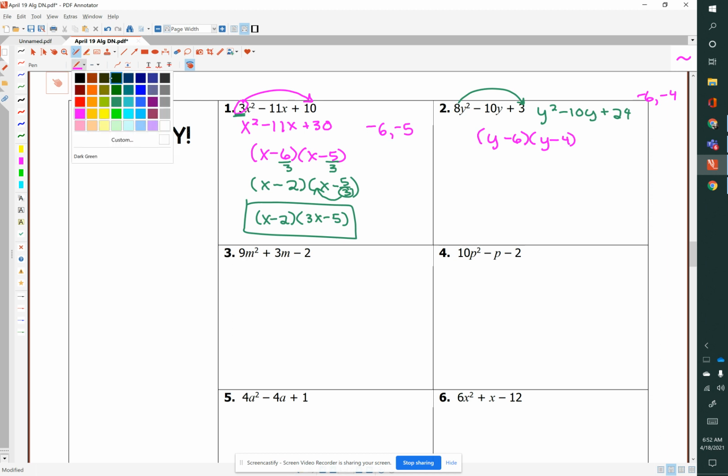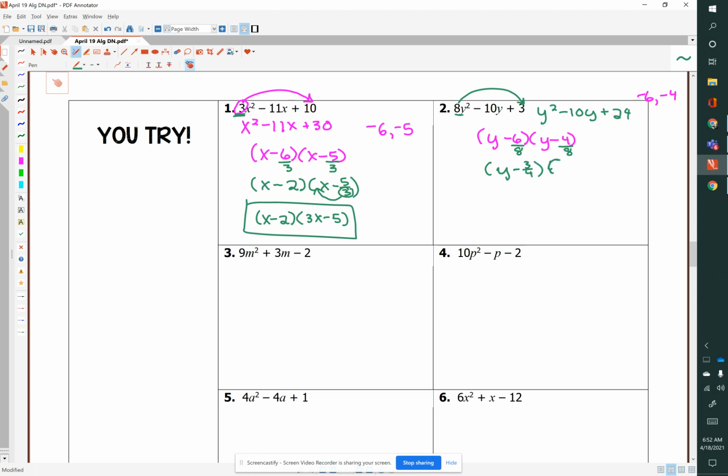Now I'm going to take the leading coefficient of 8 and use it as the denominator with the negative 6 and the negative 4. And when I reduce those fractions, I have y minus 3/4 and then y minus 1/2.